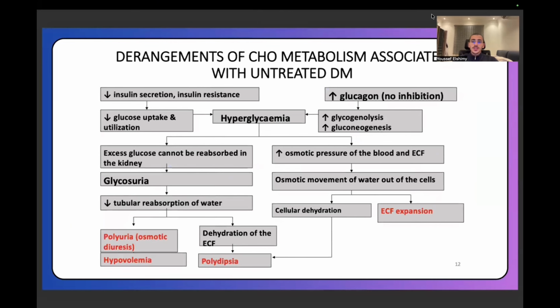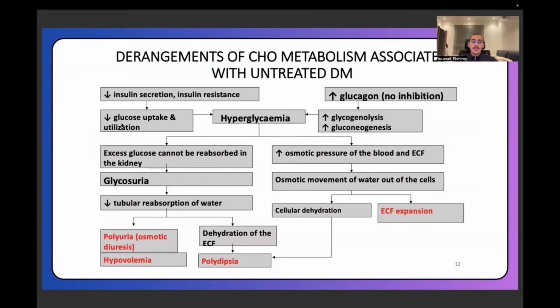Just to recap really quick, what would be the effects of untreated diabetes on carbohydrate metabolism? We see that there is decreased insulin secretion, or there's insulin resistance. This would lead to decreased glucose uptake and utilization, because we mentioned that insulin increases glucose uptake and utilization.